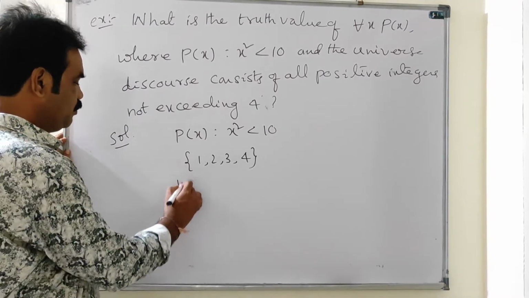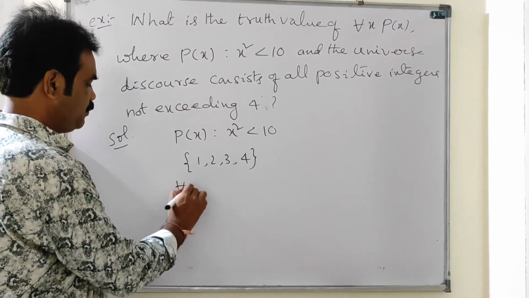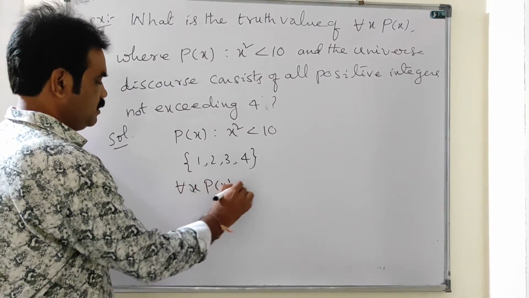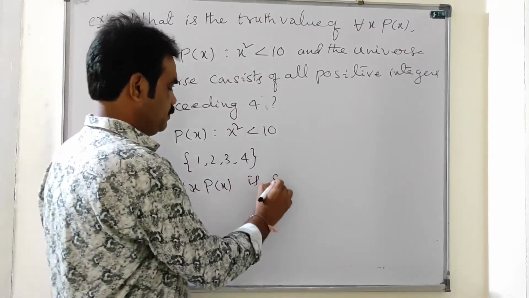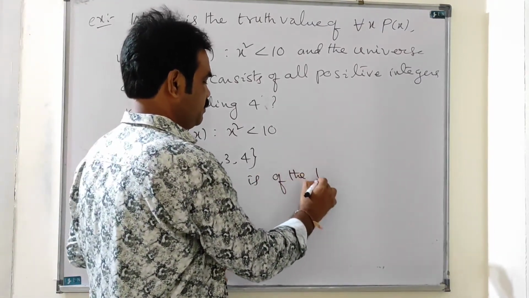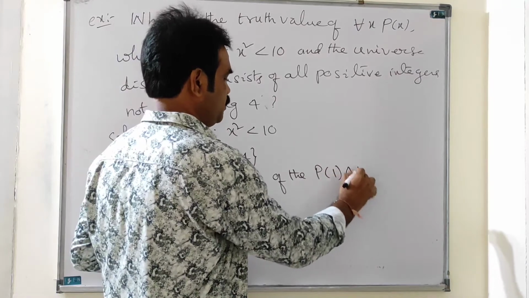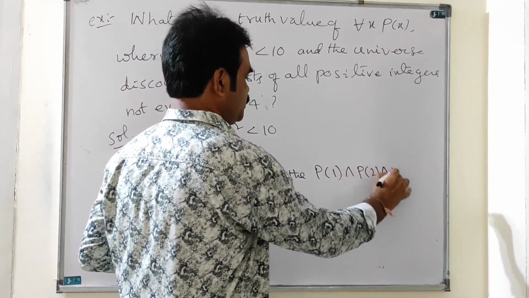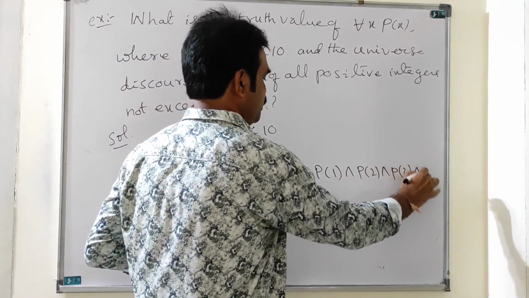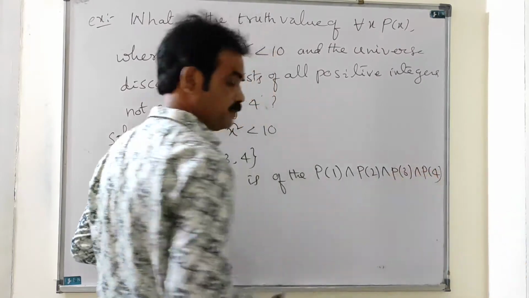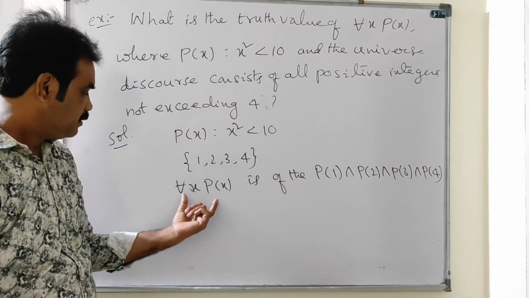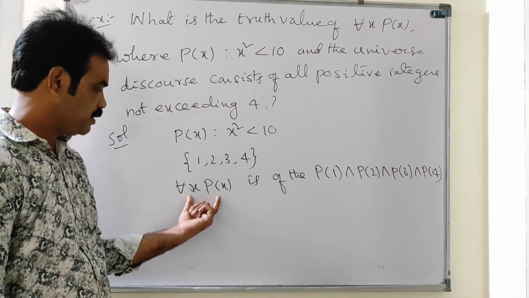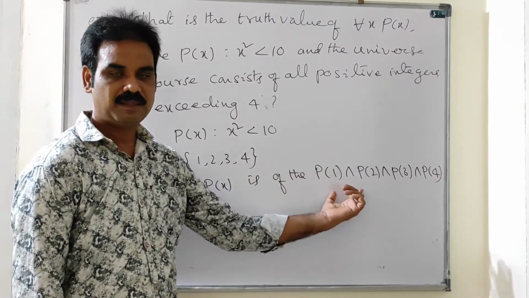Okay, and hence for all x, P of x is of the form, the conjunction P of 1 and P of 2 and P of 3 and P of 4. You can write the universal quantification for all x P of x as this conjunction.